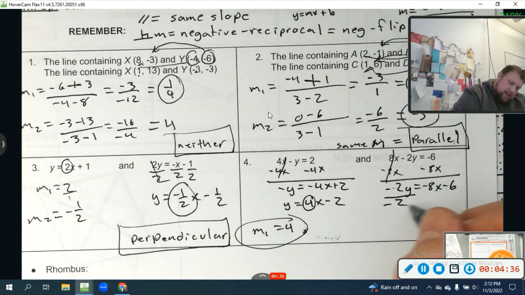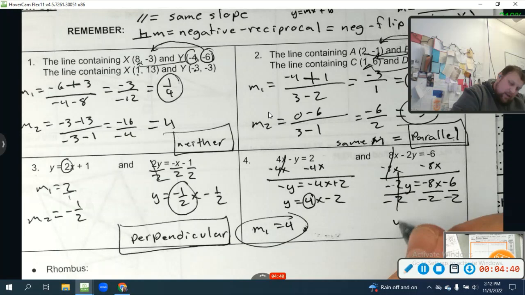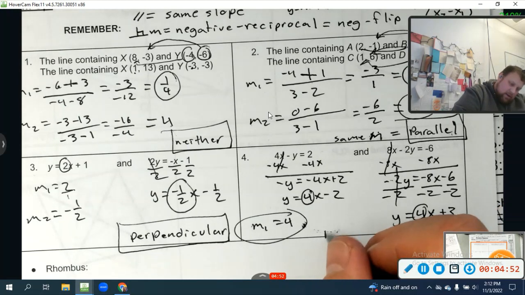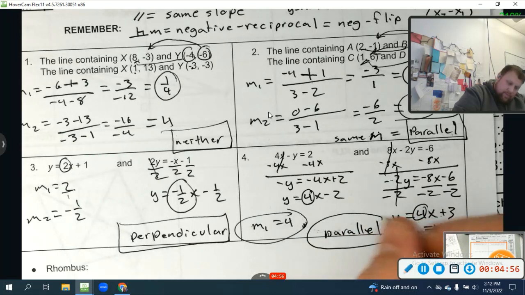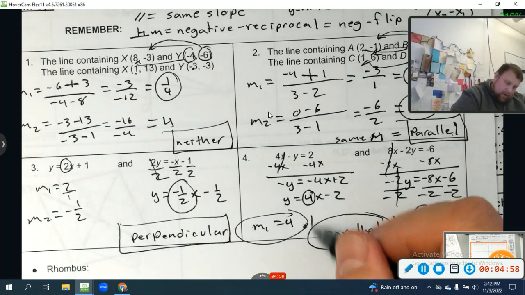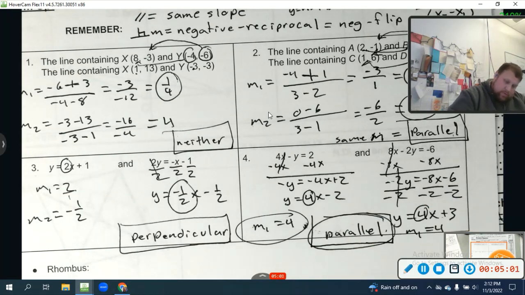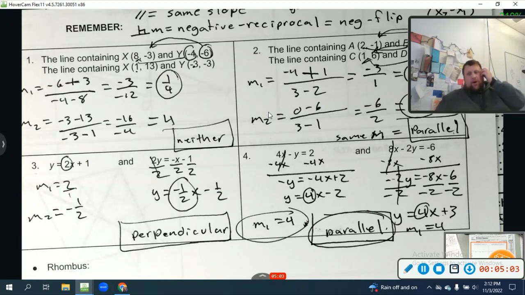Divide both sides by negative 2. And I get that y equals positive 4x plus 3, which gives us a slope m2 equals 4. These are parallel. Boom, look at that, good stuff.